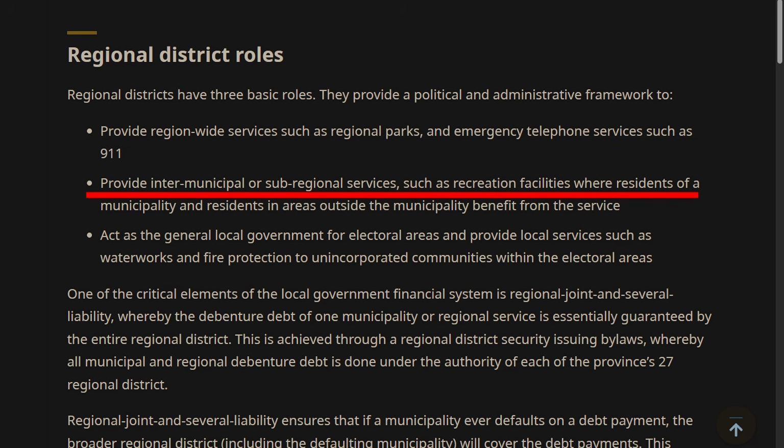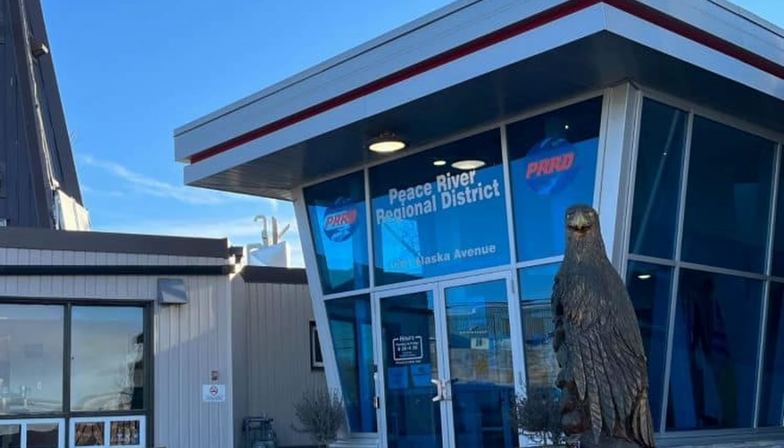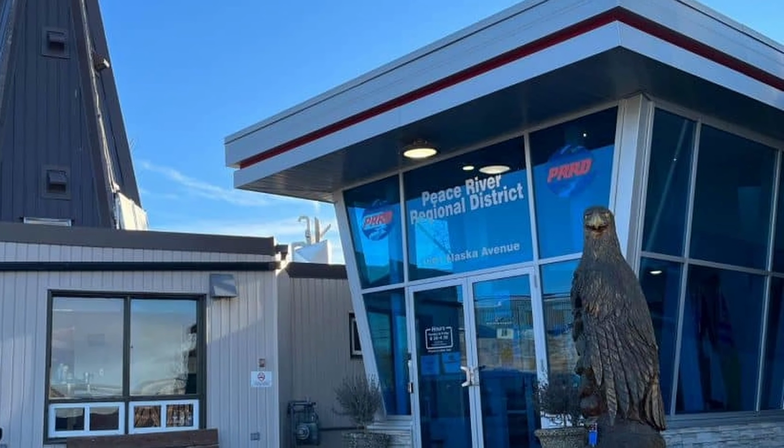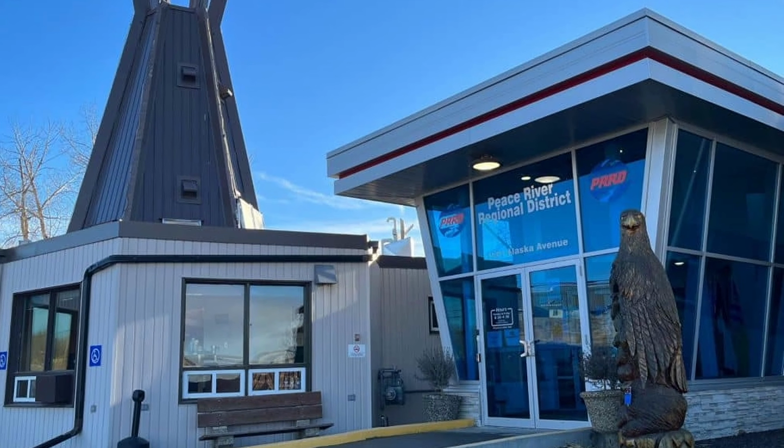They provide services spanning several different municipalities, such as recreation facilities where people inside and outside the municipalities can benefit from the service. And they are able to provide some local services such as water and fire protection to unincorporated communities.